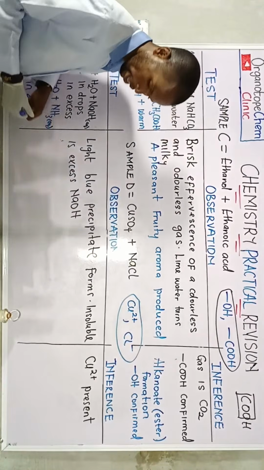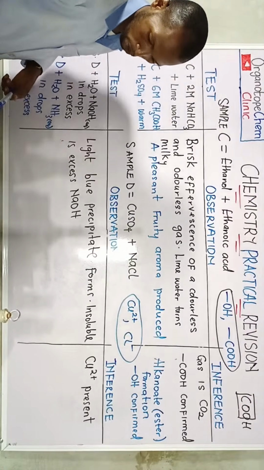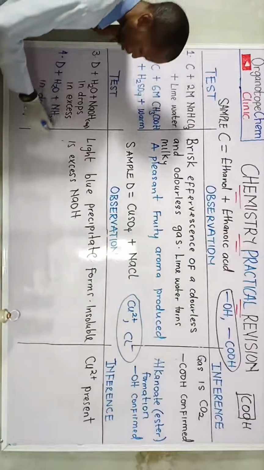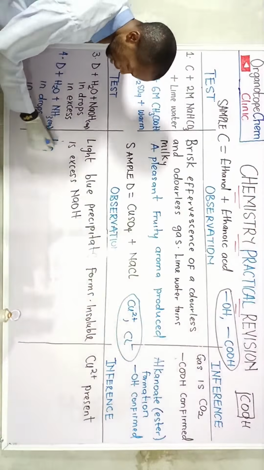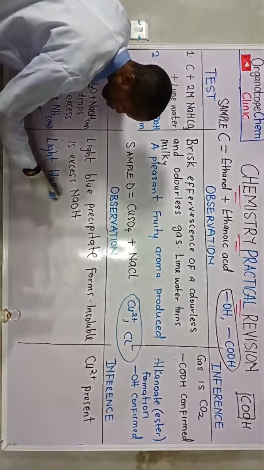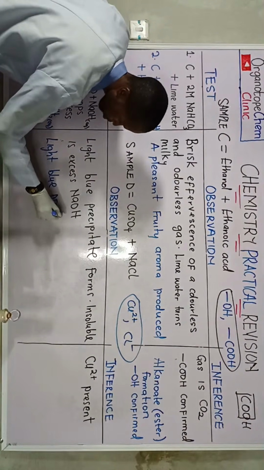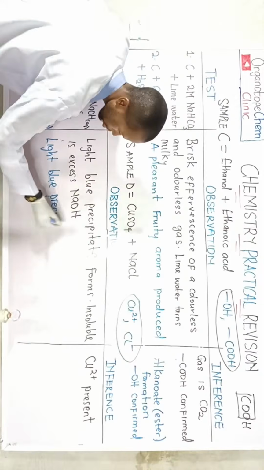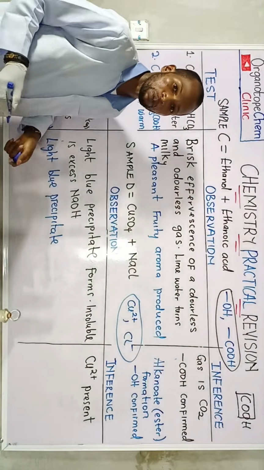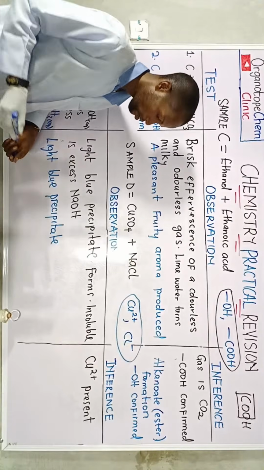So, we have light blue precipitate which dissolves in excess ammonia. Light blue precipitates. Write precipitates in full. Okay? Don't write PPT. If you write PPT, we mark you wrong. Okay?